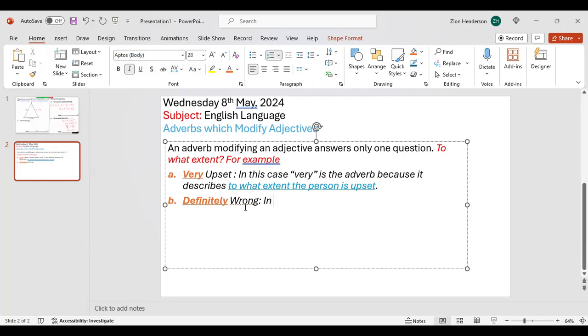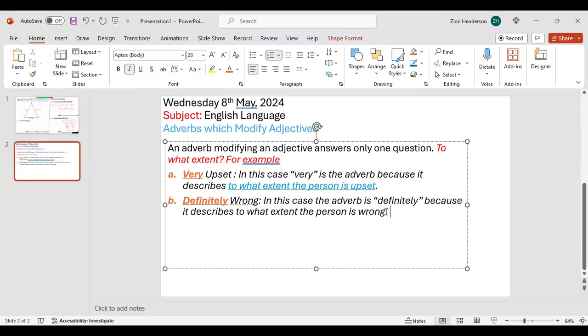So in this case, the adverb is definitely, because it describes to what extent the person is wrong.